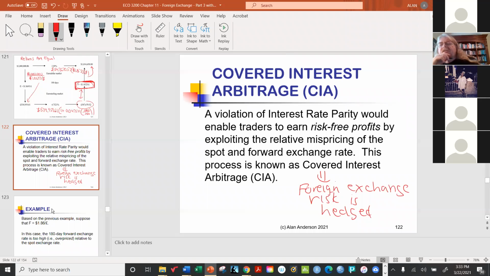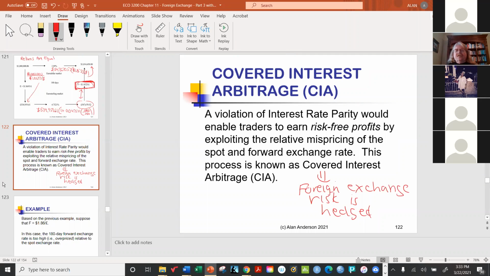And keep in mind, I think I forgot to mention this before, in order for this to be an arbitrage, it must be risk-free. Arbitrages are risk-free, and the only way to guarantee that is if we've covered or eliminated our foreign exchange risk. Here, the way we get rid of that risk is by using a forward contract, and so the result is called covered interest arbitrage.